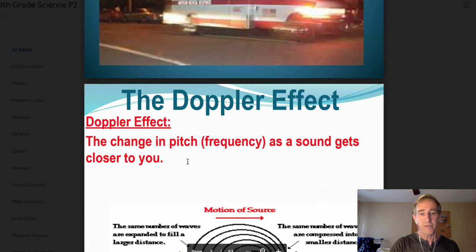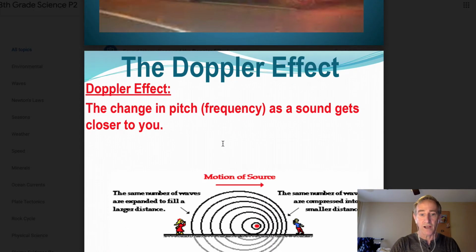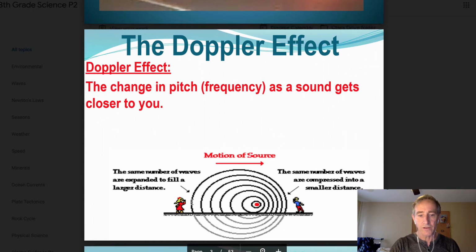It's the change in pitch or frequency as the sound gets closer to you. And this is an illustration of what the sound waves are doing as they get closer. They compress. So the same number of waves are expanding to fill a larger distance, and the motion of the source is that direction. And the same number of waves are compressed in a smaller distance.